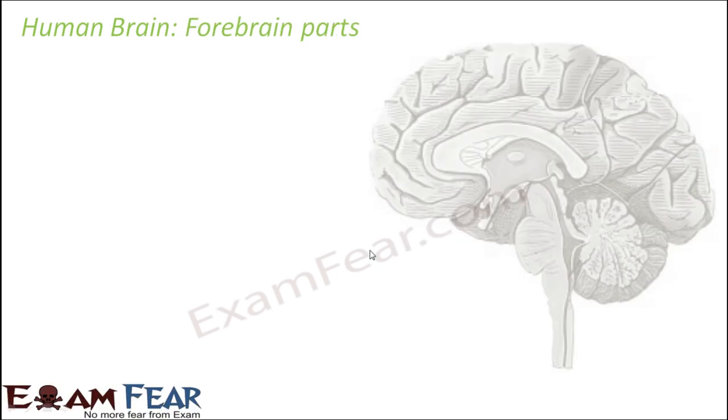So now we will talk about the forebrain in detail. Let us see what are the different parts which together form the forebrain. The first part, and the most prominent or most developed part of the brain, is the cerebrum. This entire portion which you see here is the cerebrum.